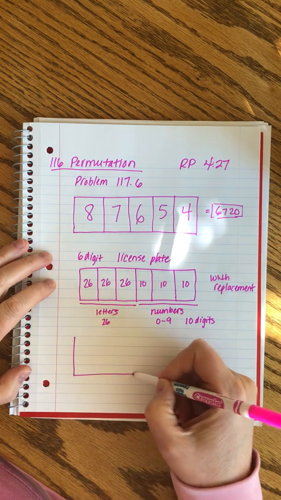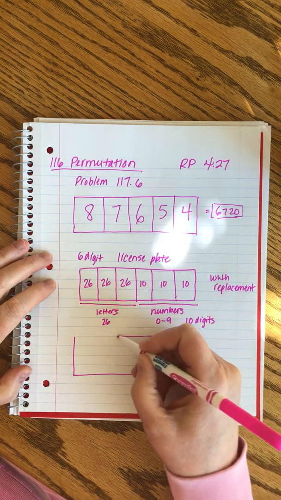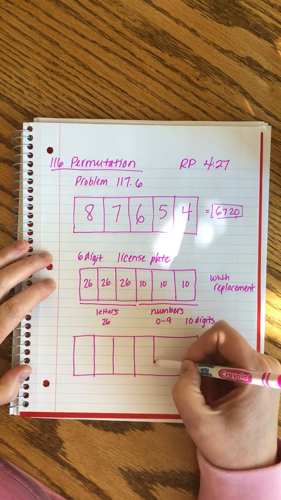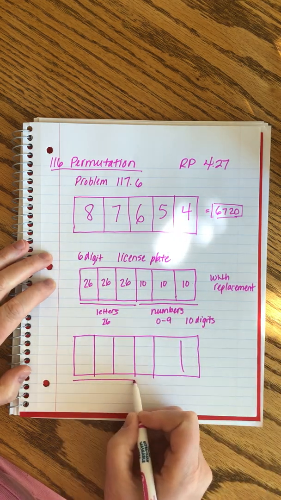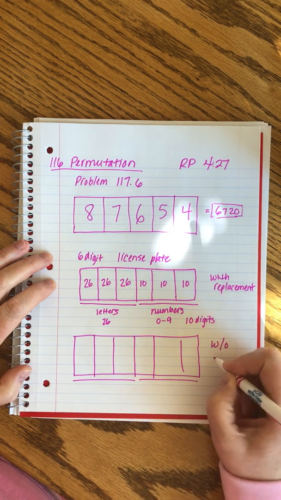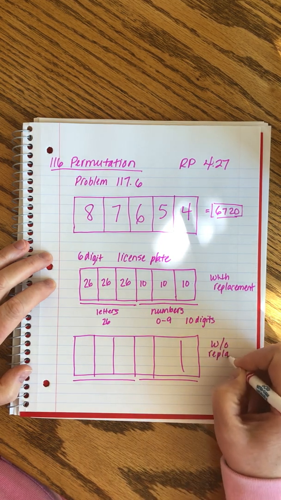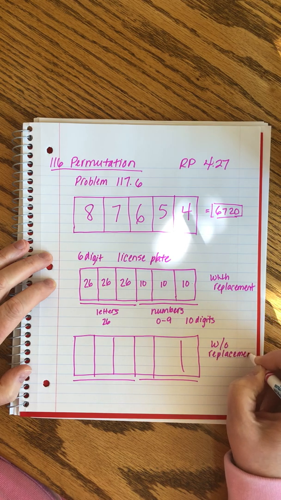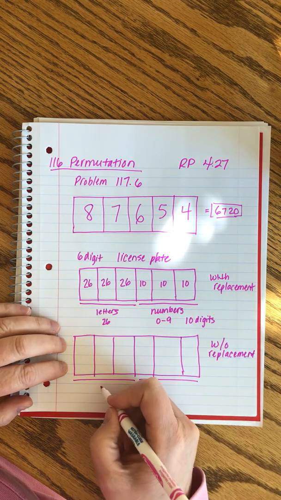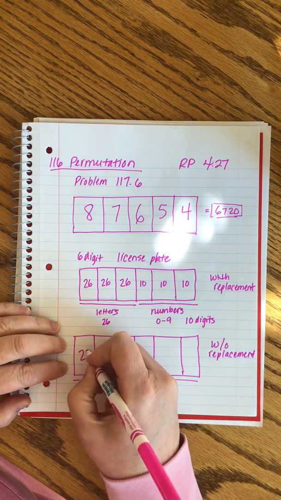Let's say that you couldn't have replacement. Still 6 places to fill in. First 3 are letters, last 3 are numbers. So this is without replacement. Okay, so we have 26 letters of the alphabet still. You plug it in.